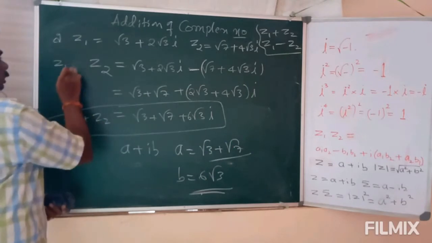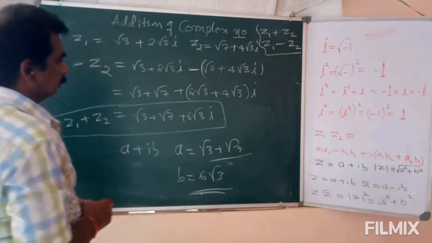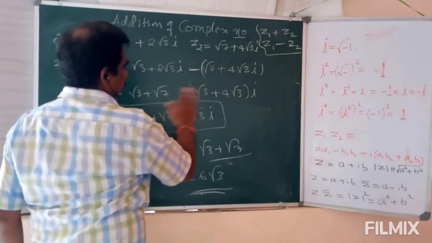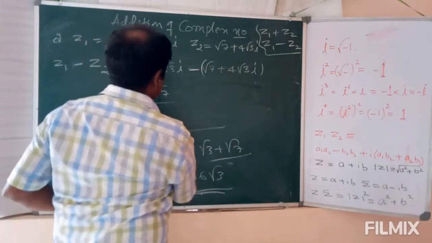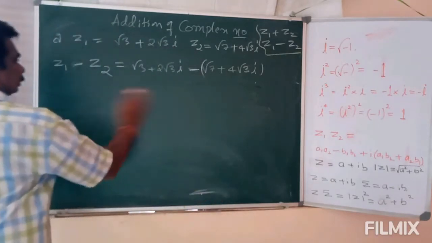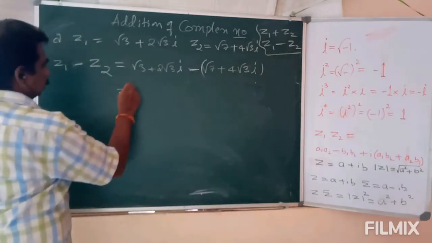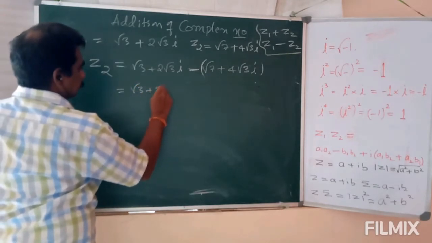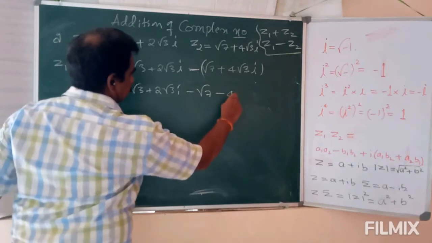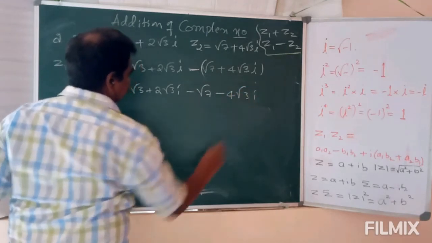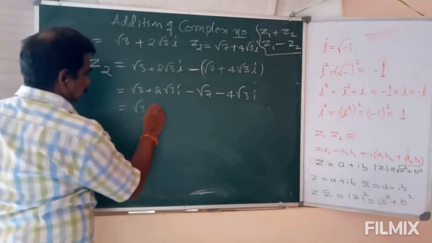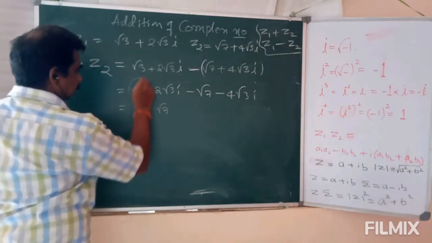Z1 minus Z2. What happens here? That is root 3 plus 2 root 3i minus root 7 minus 4 root 3i. Now real parts. Root 3 minus root 7.